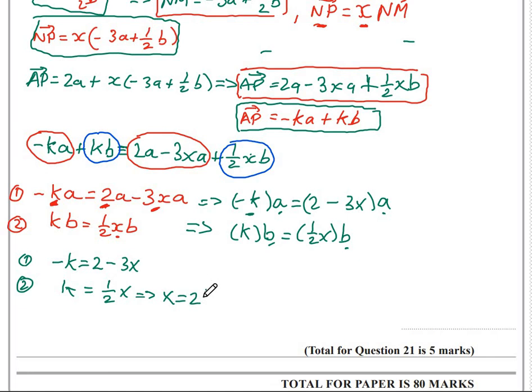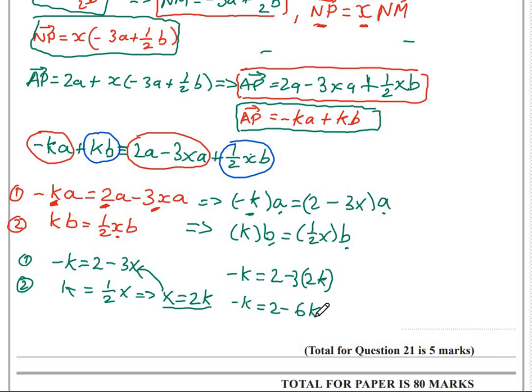Now I can substitute that in here. So minus k equals 2 minus 3 times 2k, which is minus k equals 2 minus 6k.